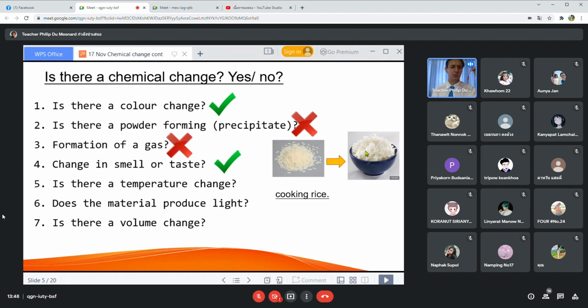Okay. Temperature, I think, not really, but I'm not sure. So I don't know. No, the rice doesn't make light. Volume change, yes, because the small rice grain, if you cook it, it will be bigger. You know, the rice will swell out when you cook it. Okay, class, is there chemical change? Yes or no? Yes. Good, yes, because there's 3 questions that are yes, so it's yes.